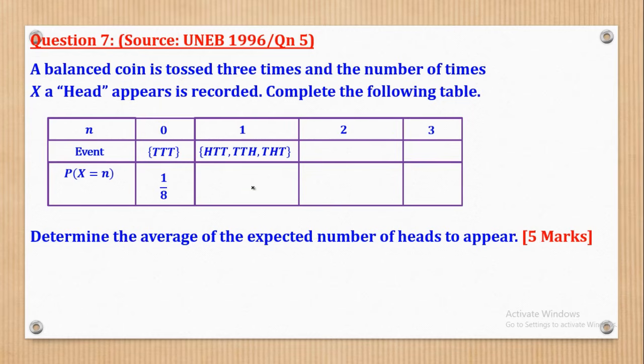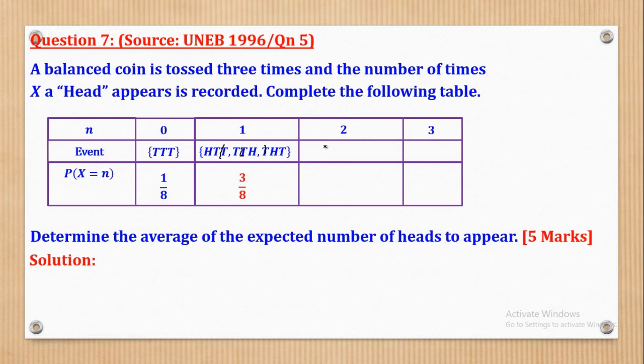Then they said determine the average of the expected number of heads to appear. That is mean. So here probability of x equal to n means that you count this 1, 2, 3. When you look at this, it implies that the total possibility space is 8. Therefore these are 3, 1, 2, 3. Therefore the probability will be 3 over 8.